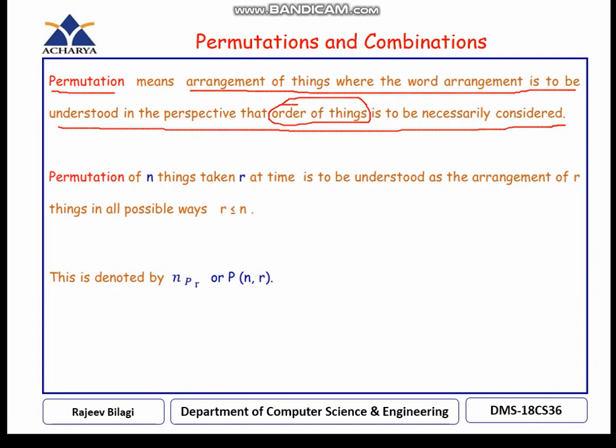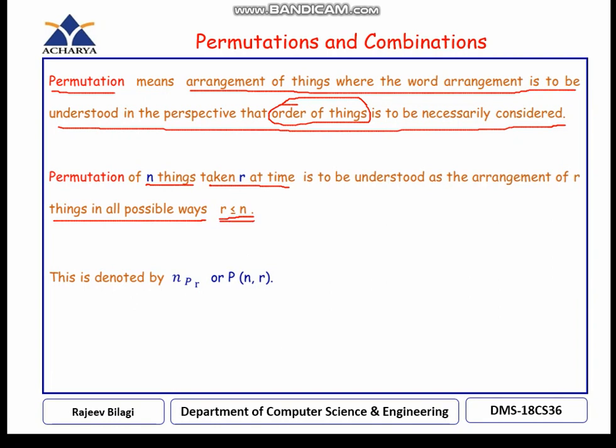So if there are n things, permutation of n things taken r at a time is to be understood as arrangement of r things in all possible ways. Always this r should be less than or equal to n.